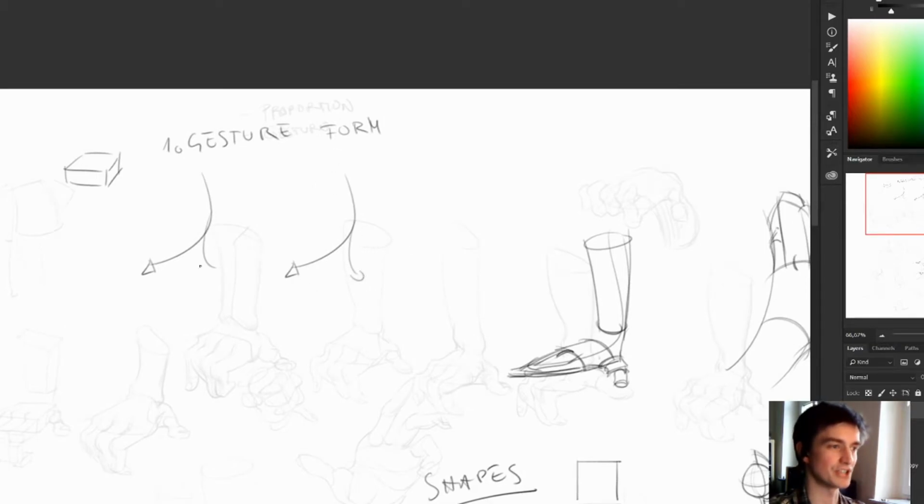But this is another gesture we can have for the thumb, for example. And then again, we take our gesture that we have, and then we apply form to it. So we use our form, which would be, for example, this cylinder for the hand, and this box cylinder-ish kind of thing for the palm of the hand. I kind of messed up where the fingers would be, but that's still fine. Make a different hand out of it.